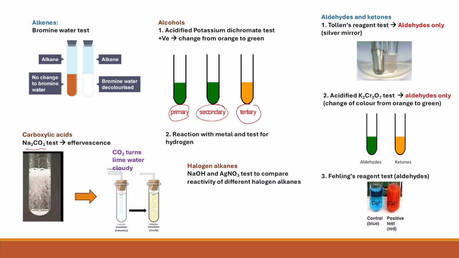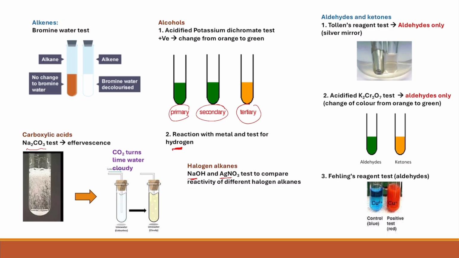A reaction with metal and a test for hydrogen is also used for alcohols. If you add some metal, the alcohol will react and hydrogen will be produced, and you can test for hydrogen. For halogenoalkanes, you can use sodium hydroxide and then add the silver nitrate test to compare the reactivity of different halogenoalkanes, because when you add sodium hydroxide, there will be a substitution reaction, and then the halide will be released, will react with silver nitrate, and will give you a precipitate.